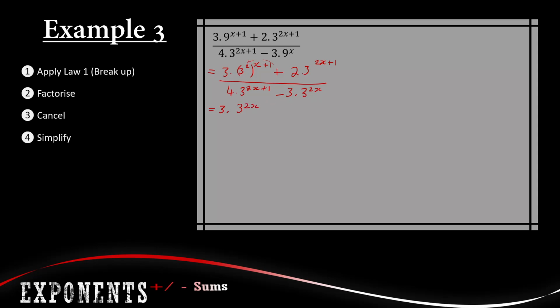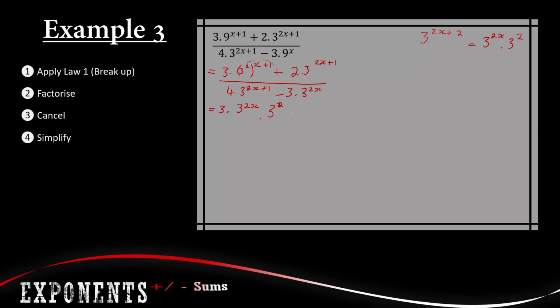Now I'm going to do this in one step just to save space and time, but this is going to be then 3 to the power of 1. So after I've multiplied it out, it would have been 3 to the power of 2x plus 2, and then when I break it up, it becomes 3 to the power of 2x times 3 to the power of 2.